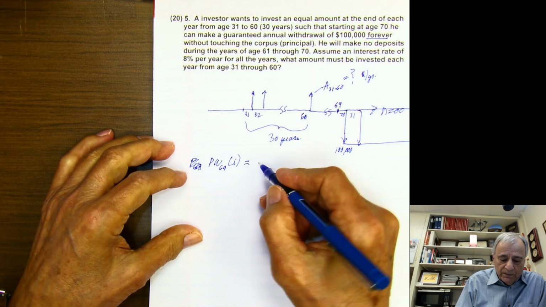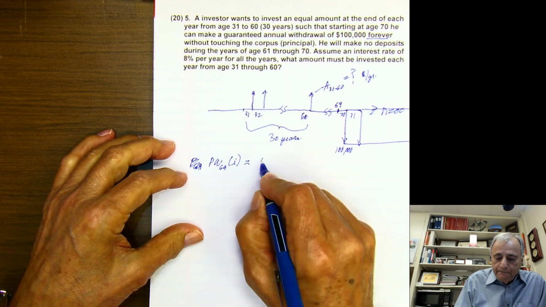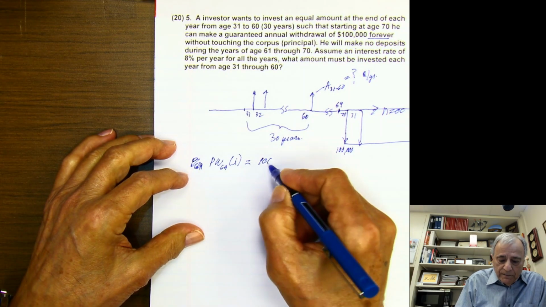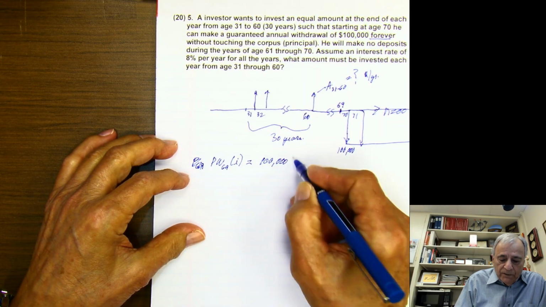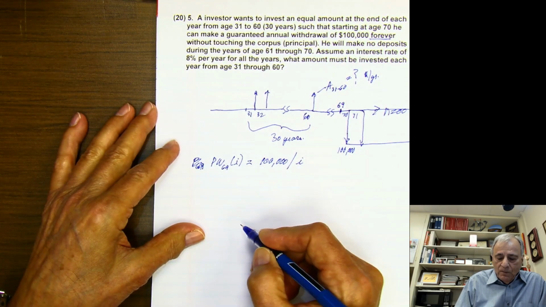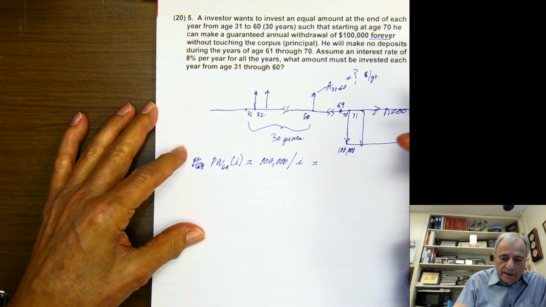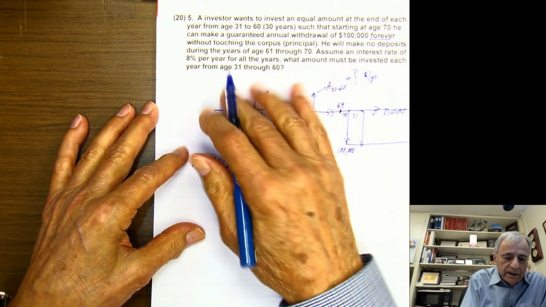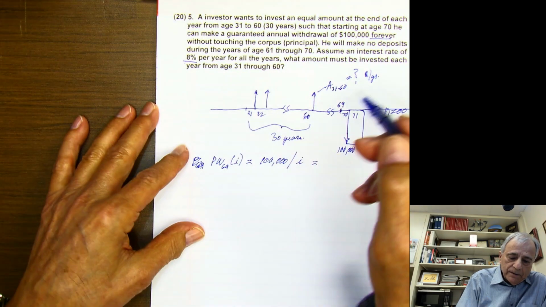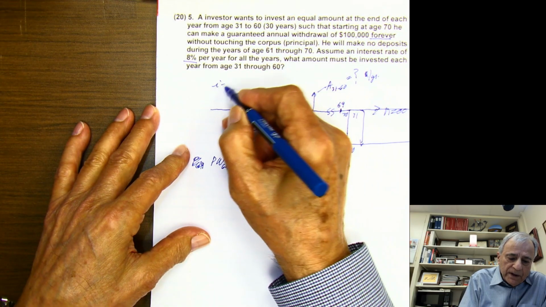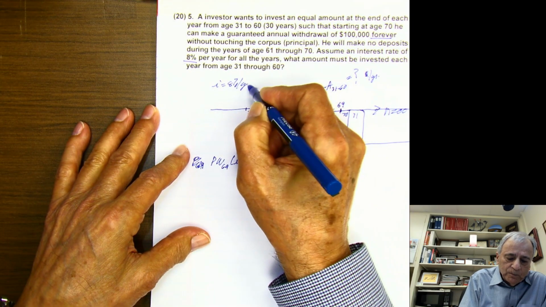So that's going to be 100,000 divided by I, but I is equal to 8%. I think we had that stated there. There it is. So I should state I is 8% per year.